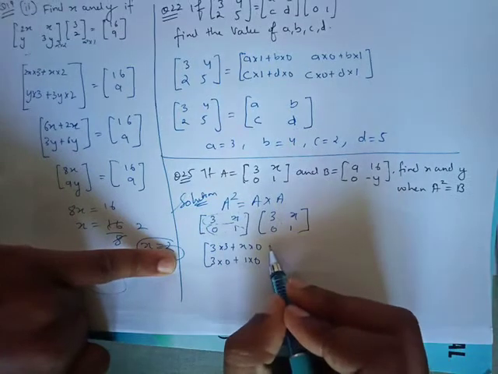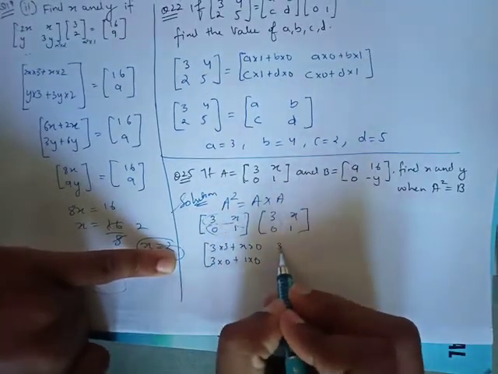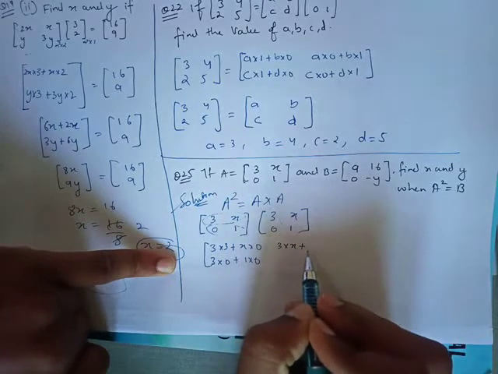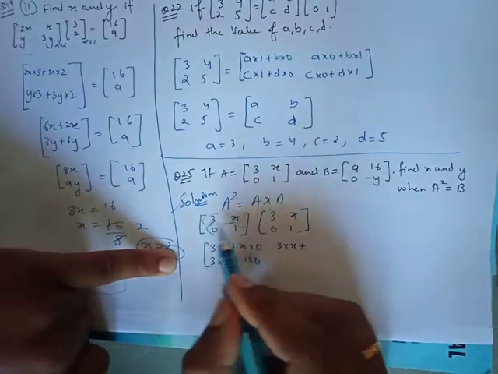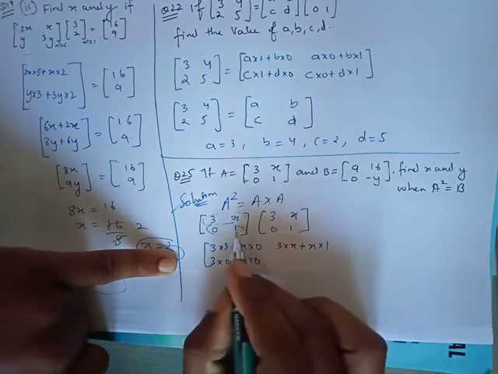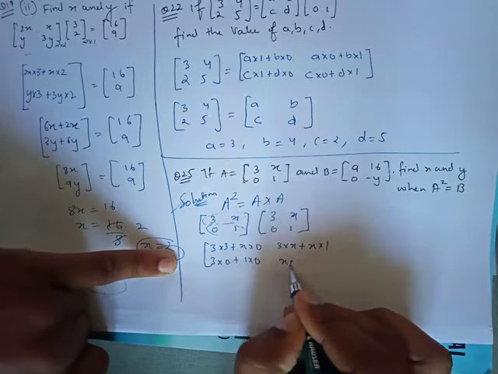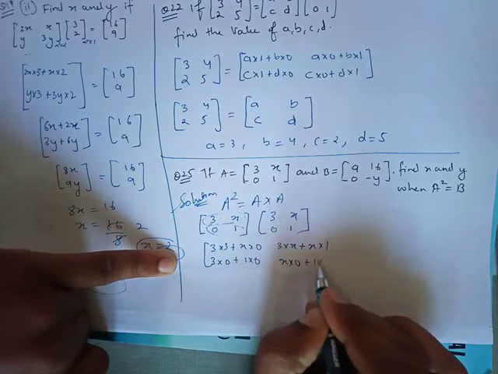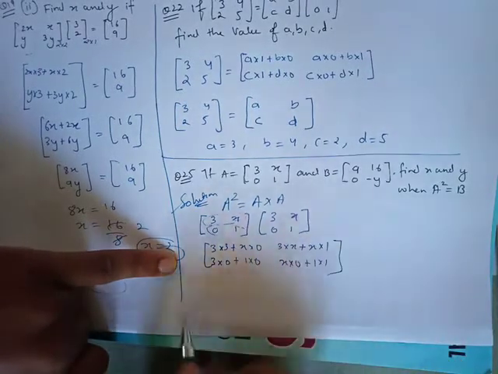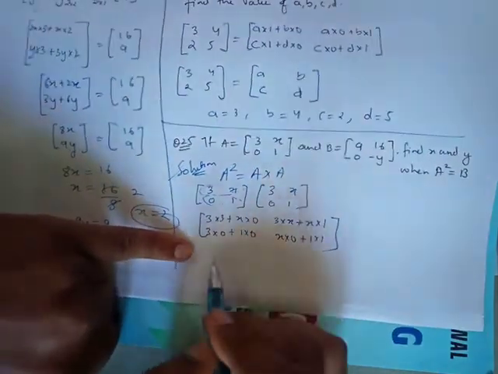Okay, and then first row and the second column, that's going to be 3 into x plus x into 1, and the second row and the second column, x into 0 plus 1 into 1, right? I hope you're getting it. Okay, now I'll solve this.